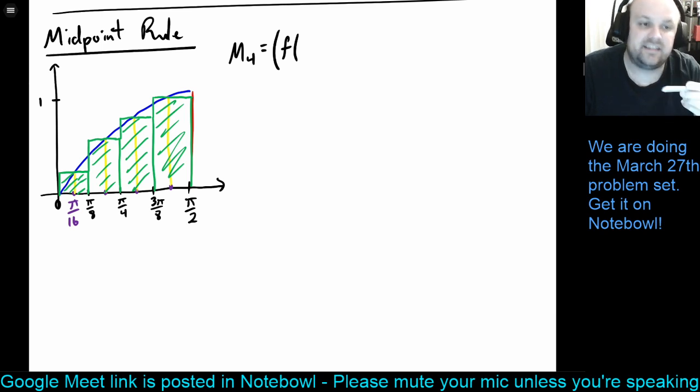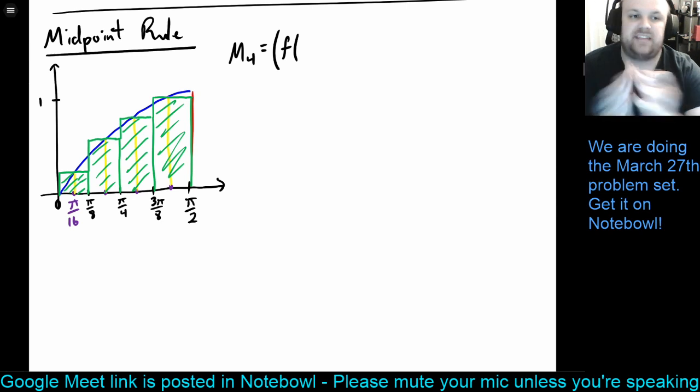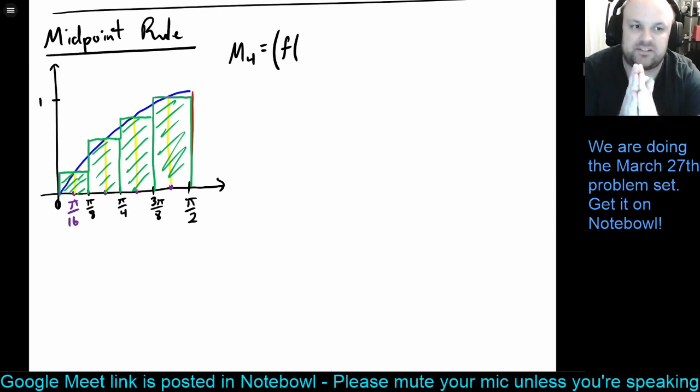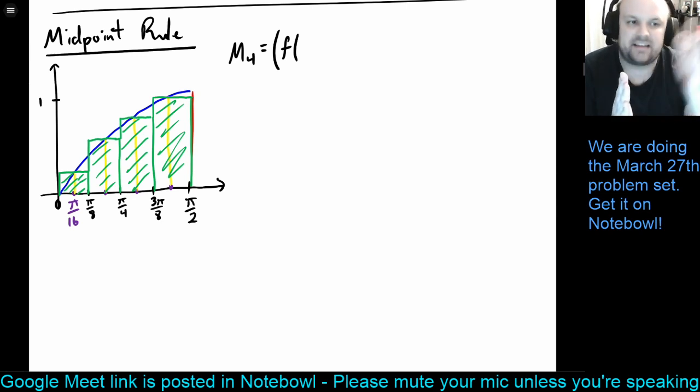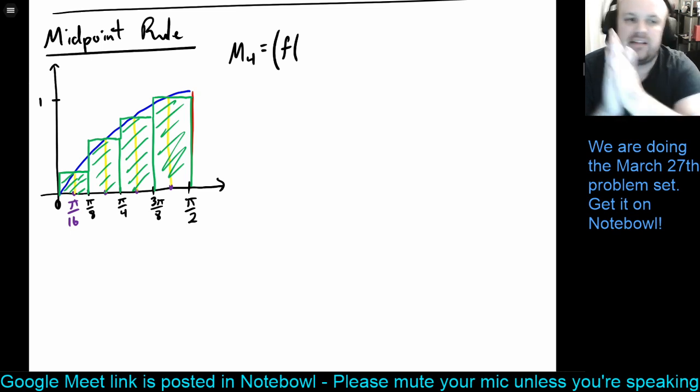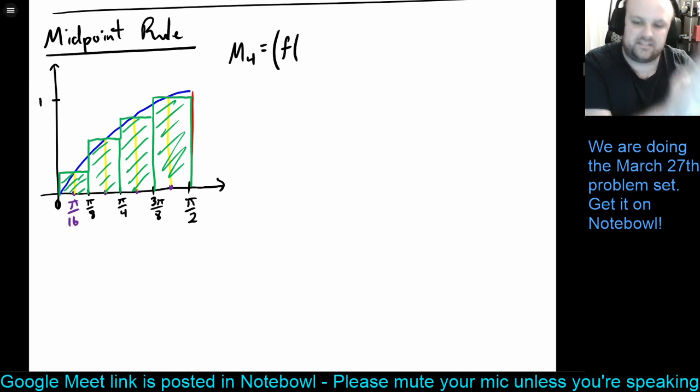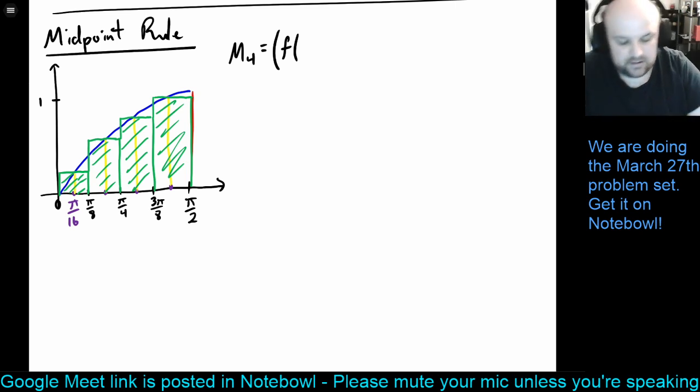The nice thing is, to get to the next midpoint, from here to here, I just add delta x. That was the idea behind the x i stars from the videos. We take the first one, wherever we're starting, and keep adding delta x over and over, and that moves us from x0 to x1 to x2 to x3, and so on.